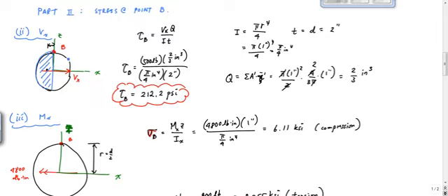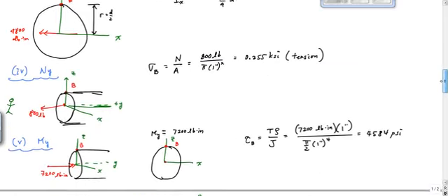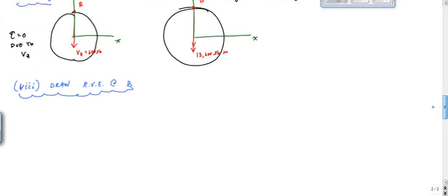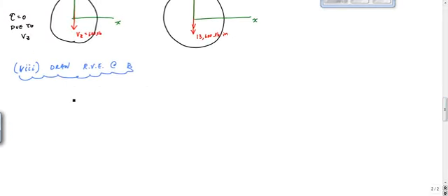Okay, and so now we have essentially components that are important for us. And what I want to do, so we have Vx, Mx, Nz, and My that are causing some sort of stress at point B. So let me start here. I will draw a kind of a 3D of the cross section again, right here. Point B is up here.